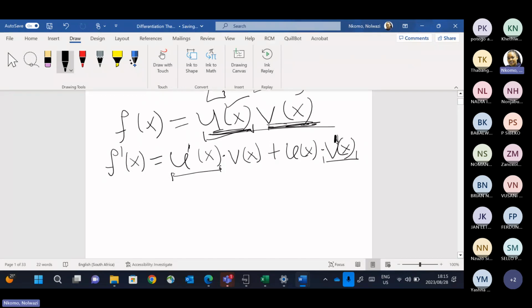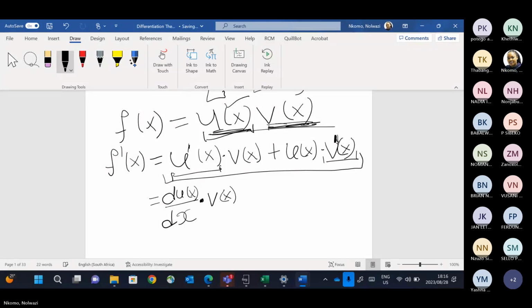You can also write the product rule like this: du at x with respect to x, meaning we are differentiating u with respect to x, times v at x, plus u at x times dv at x with respect to x.